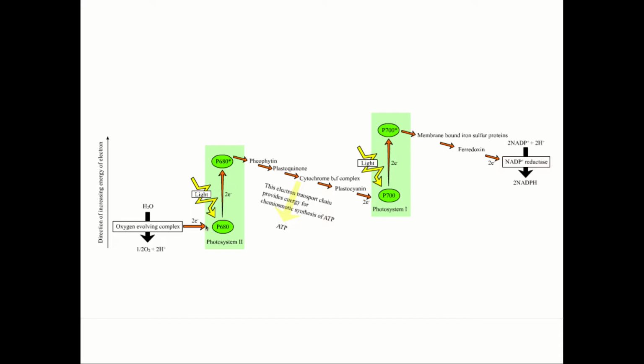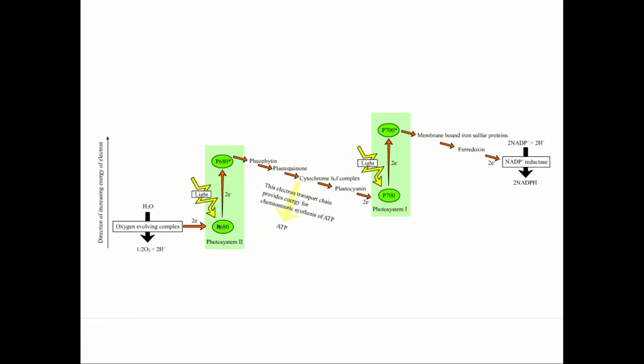So P680 is the chlorophyll reaction center for photosystem 2, and P700 is the chlorophyll reaction center for photosystem 1. And we're going to focus most of our attention on this first reaction center in the process, which is the photosystem 2 reaction center, P680.